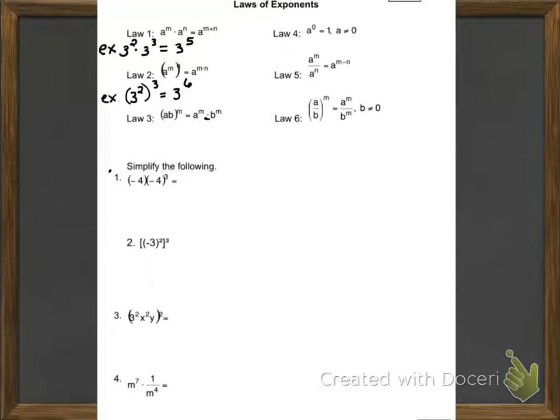So remember, when you have a parentheses, see there's no parentheses in law 1. If you have a parentheses raised to a power, then you multiply.